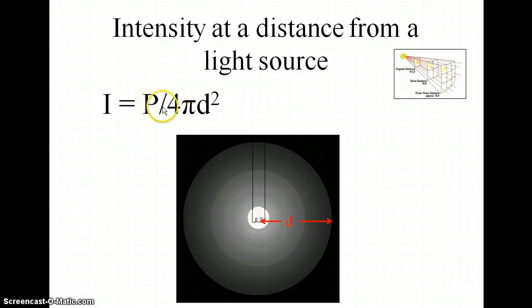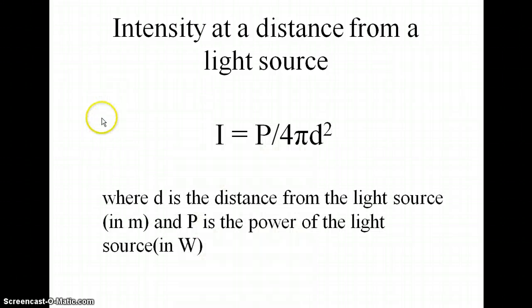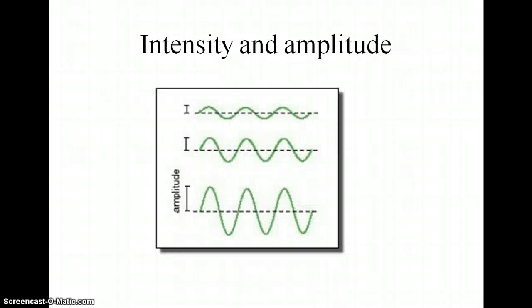Okay, and so if we divide the power of the light source by the surface area of the sphere, we'll get the power per meter squared, which is the intensity. I'll just go back again. So the intensity at a distance from a light source is the power of the light source divided by 4 pi d squared, where d is the distance from the light source. Aha, that's why it's d instead of r.